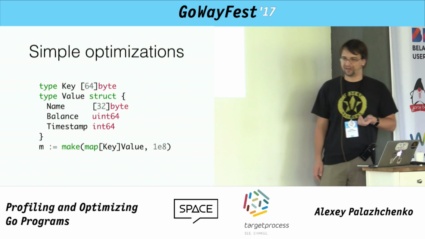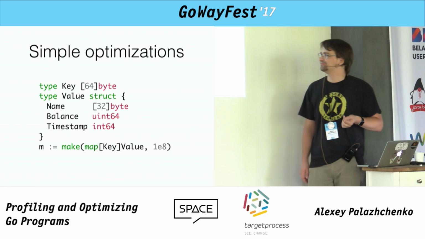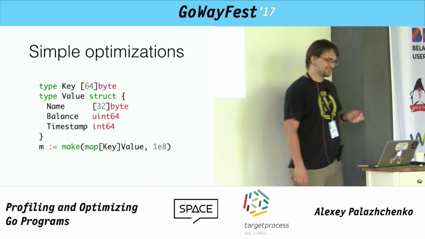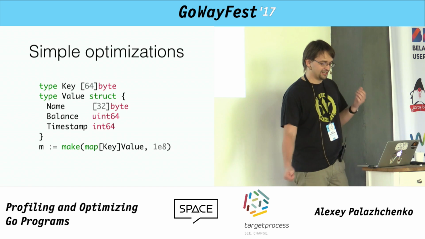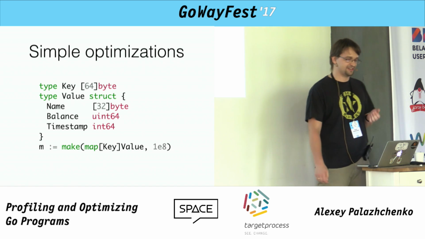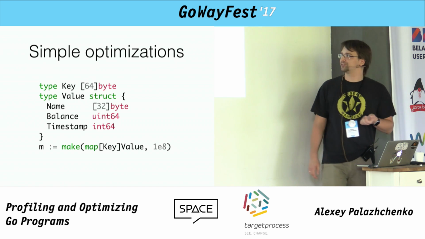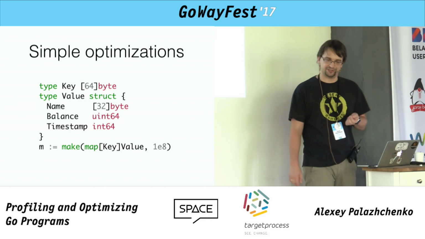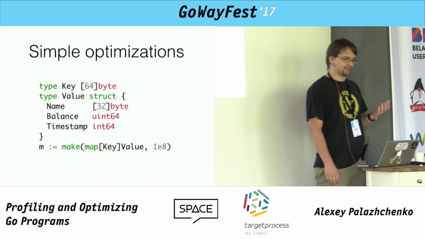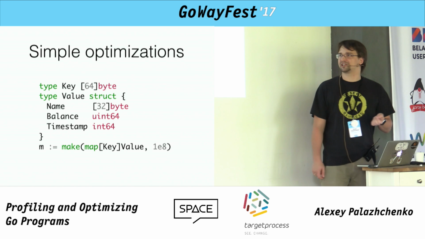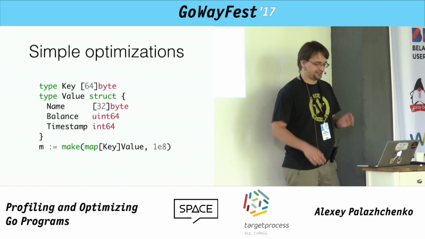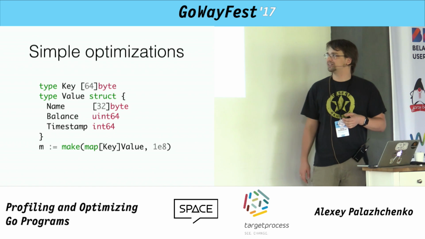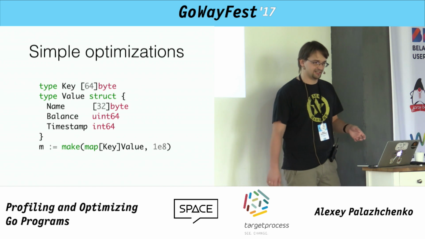And let's say you are making a cache again. I like caches. So let's say you have some map, and as a key you have an array of bytes, not a slice, but an array. And as a value, you store values here, not pointers. And inside that struct is an array and some integer values. So there are no pointers inside, and you have a huge map, and it will be completely skipped by the garbage collector.